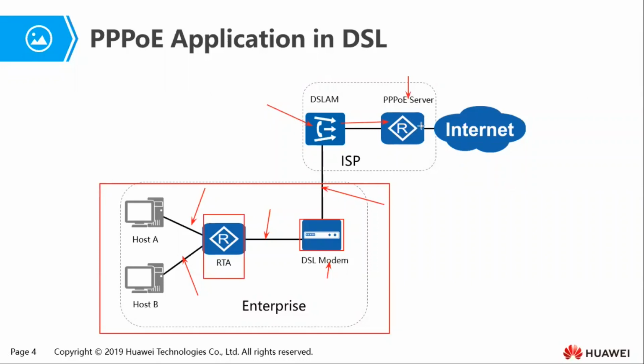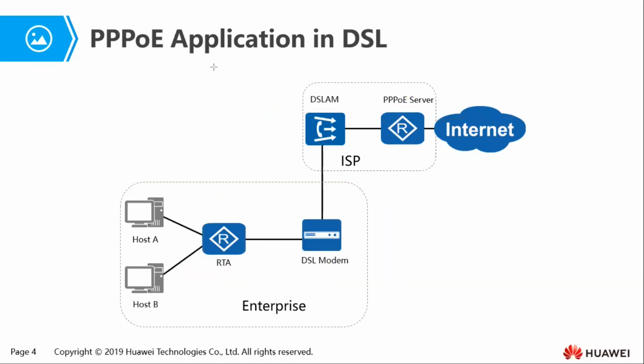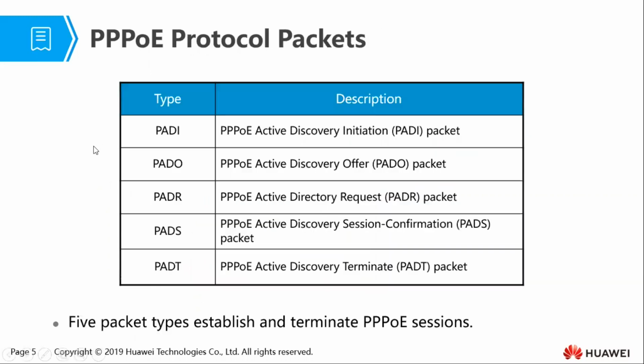Then that PPPoE server is the one that is going to connect you to the internet. So the BRAS is actually what we call a PPPoE server, or the broadband remote access server. So that is actually the application of PPPoE in enterprises. It can be used to connect us to our ISP as an enterprise.